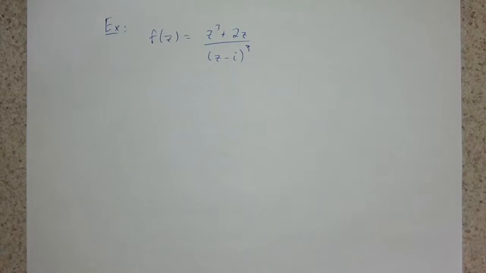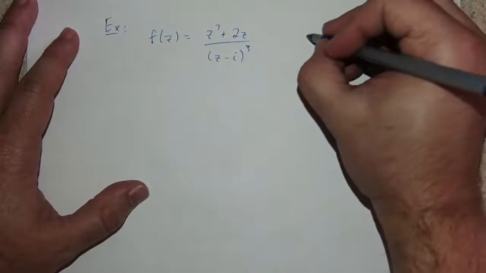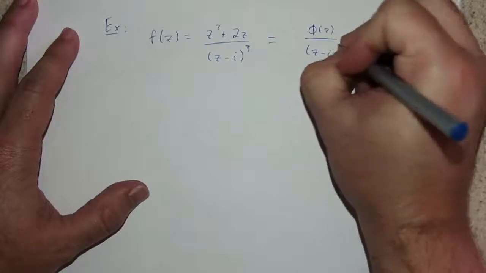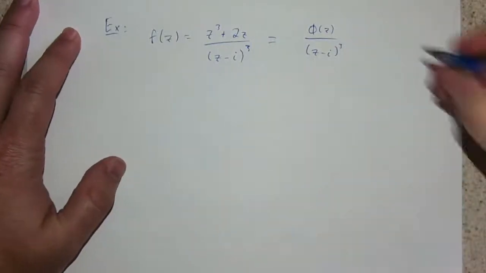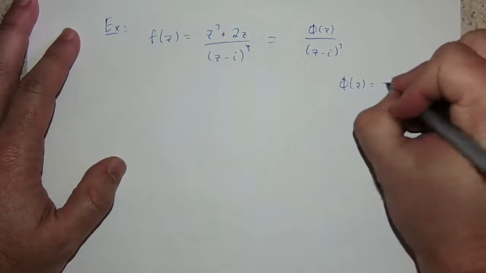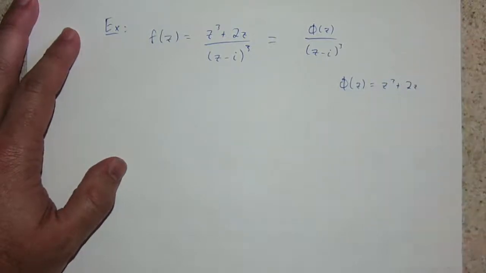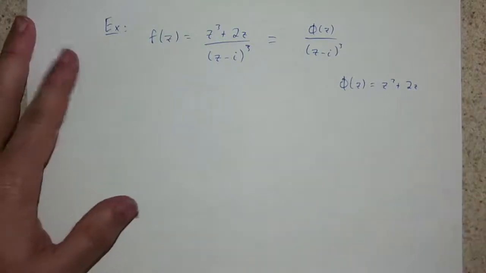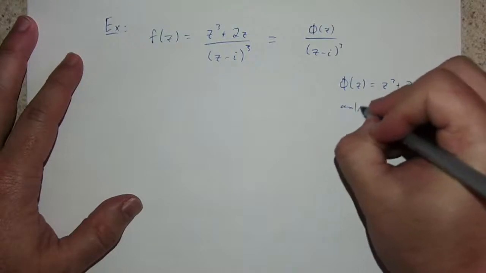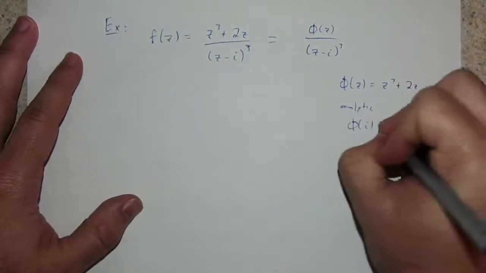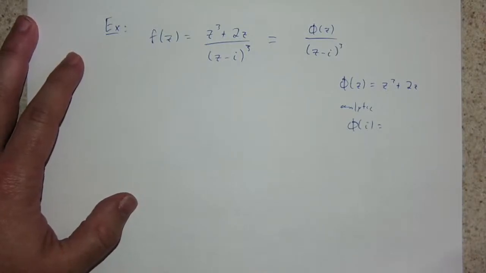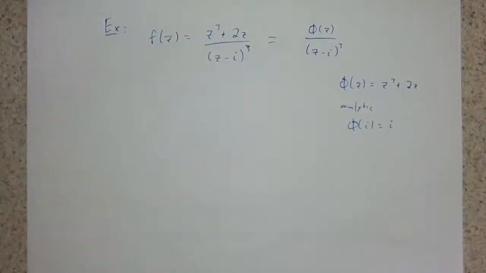Well, then I can think of this as phi of z over z minus i cubed, with phi of z equal to just that numerator. That's analytic and non-zero at i. So phi of i is i cubed plus 2i, which is minus i plus 2i, so it's just i.